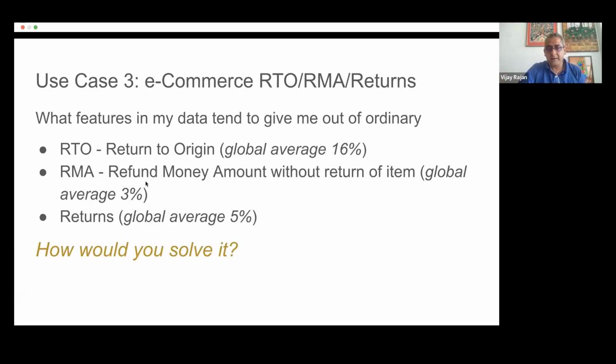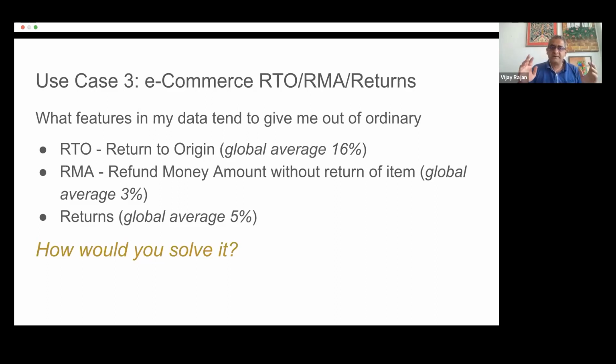And RMA was a very, very weird thing that some of the e-commerce companies did. If the item was less than 400 rupees, and the user did not want to keep the item and wanted to return it, the return shipment and the warehouse costs were equal to the price of the item.